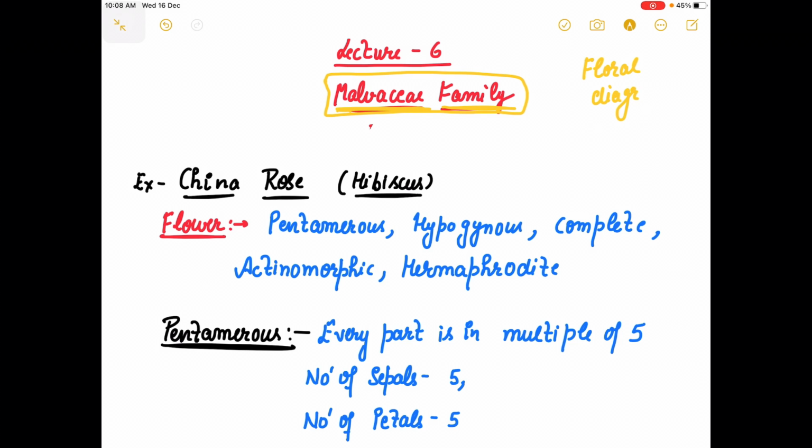Till now, so many terms which we have learnt from our 5 lectures, we are going to put in a formula, and we are going to draw the diagram to represent our flower through that diagram, right?